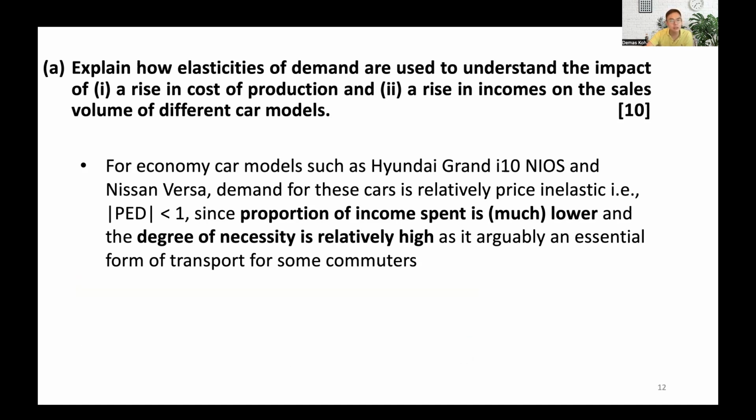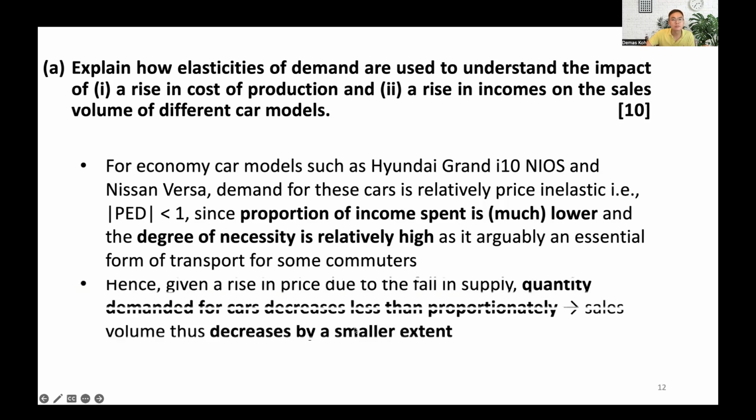So in terms of magnitude of the PED, it's going to be lower than 1 because the proportion of income spent is much lower and the degree of necessity is relatively high, as it arguably is an essential form of transport for some commuters.